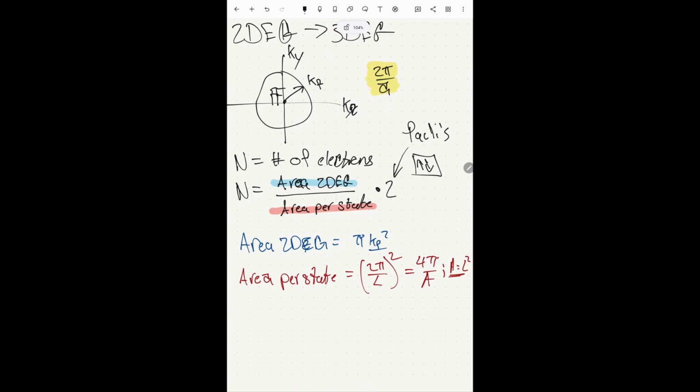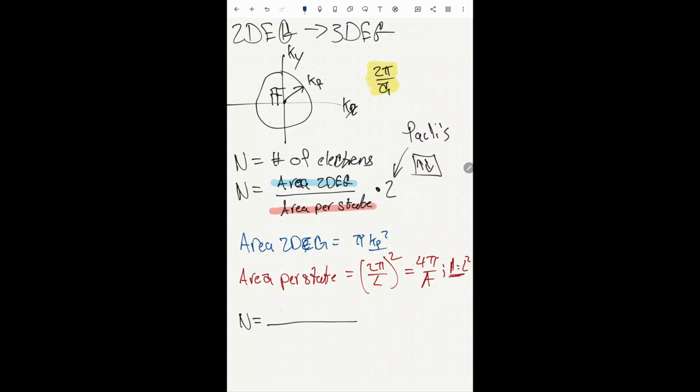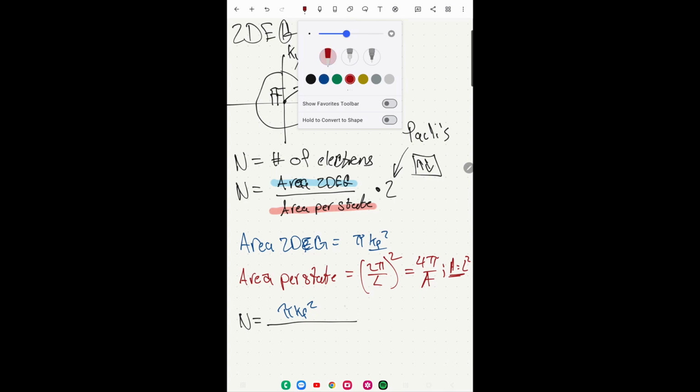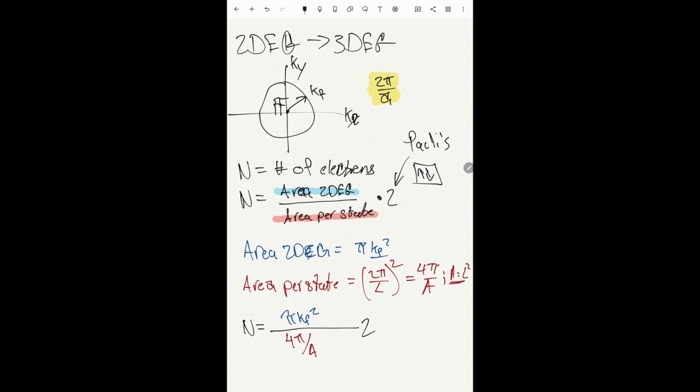Going back to the black pen, our number of electrons is going to be pi kf squared over 4 pi squared times our area, all multiplied by 2. So, going on to the next page.